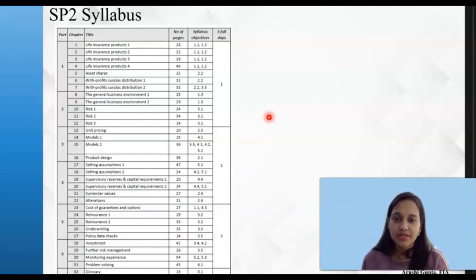For example, for the April sessions, the course runs from December to April. There can be times when some people are joining a little late, so we'll make up for that. It's just that obviously they'll have to put in more hours in a particular week compared to if they start early along with me. And secondly, you attend all the classes and you practice the questions with me.